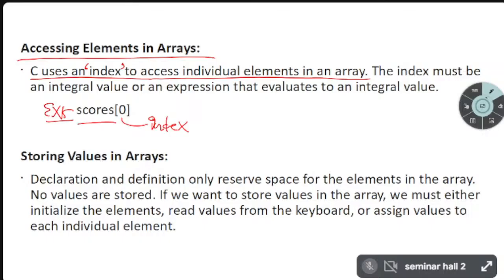For example, scores[0] is the first element. 0 index means first element. Note down only the underlined statements, right?